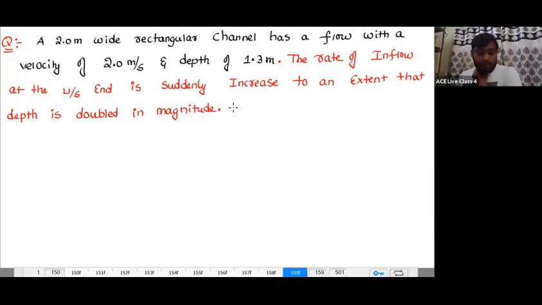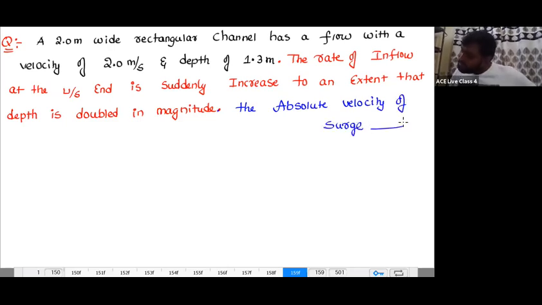Estimate the absolute velocity of the resulting surge. The absolute velocity of the surge. So what is the absolute velocity of the surge? I am asking you. Now, understand this question clearly first of all.